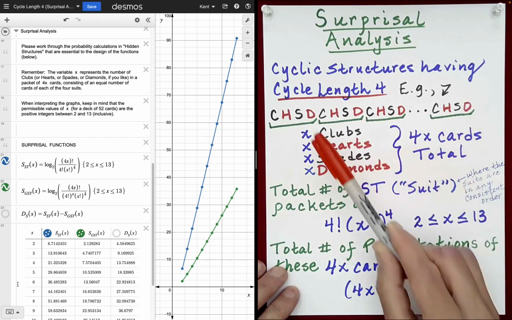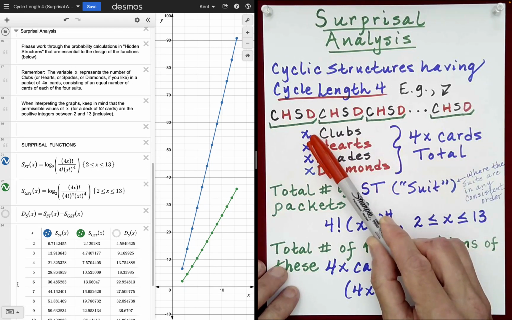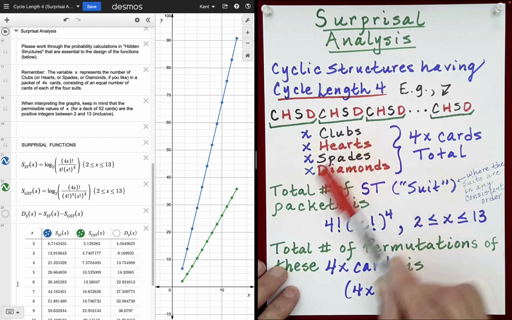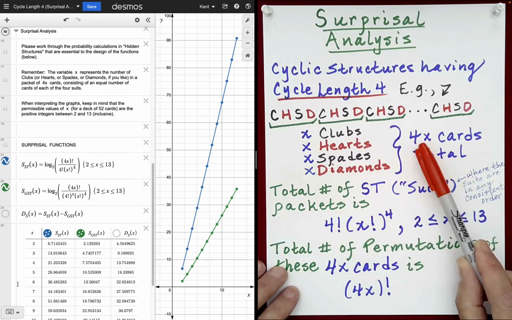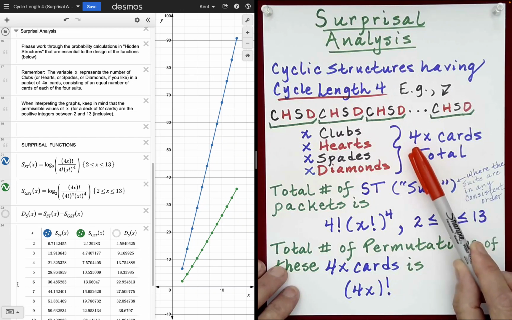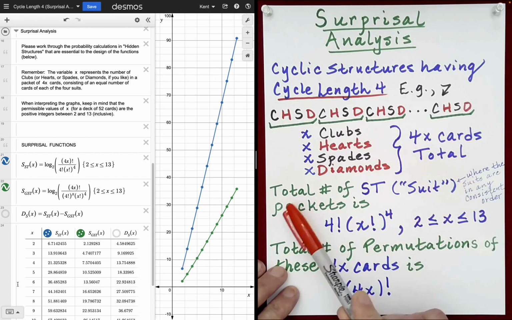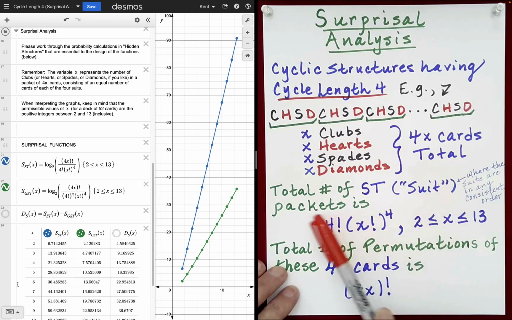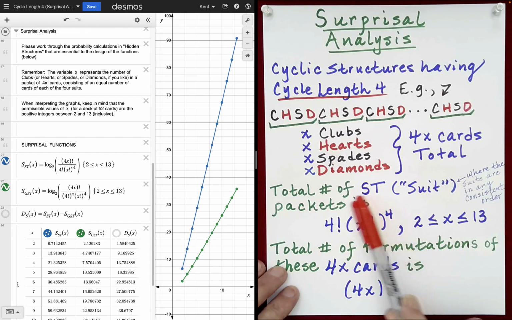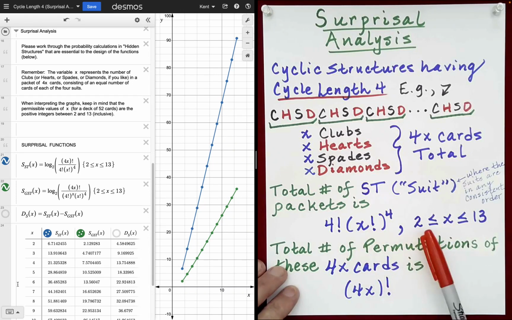As already mentioned, we will let the variable x represent the number of clubs, hearts, spades, and diamonds, which means that our total packet size is 4x cards. The total number of ST, in other words, suit packets, is the following: 4 factorial times the quantity x factorial to the 4th, where x is a positive integer between 2 and 13 inclusive.